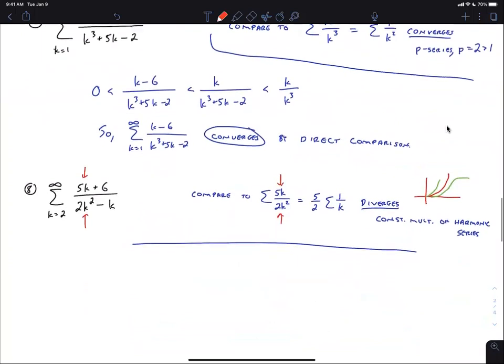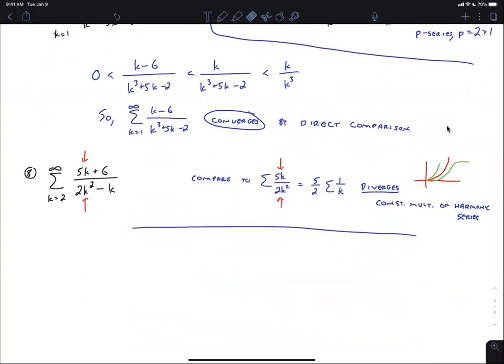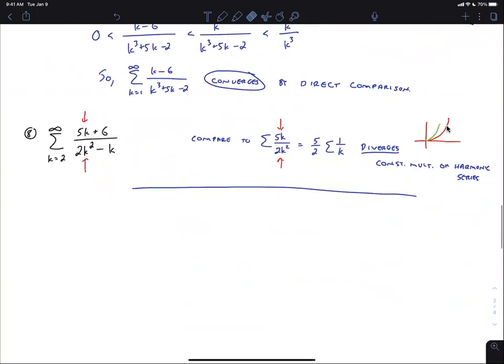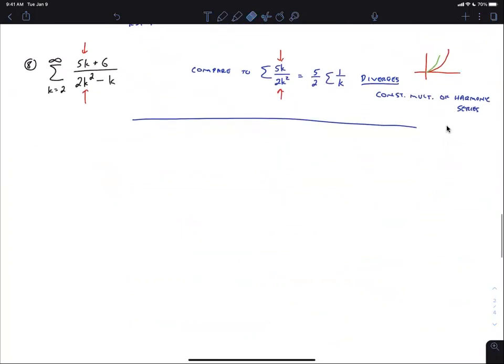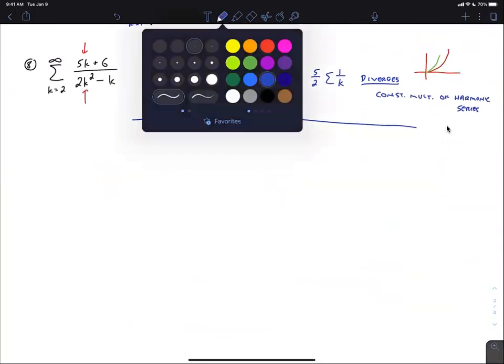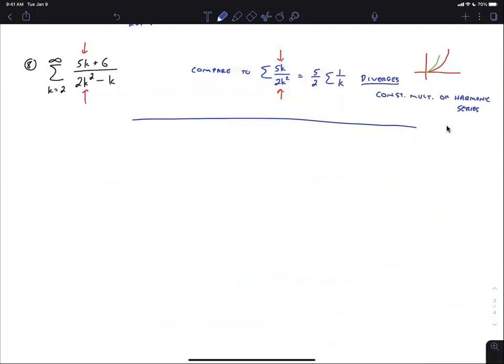Okay. All right. And so we want it to be bigger. It is bigger. What that means is that we can use the direct comparison test. So I'm going to prove that this is bigger. So we've said it out loud. I'm going to say this is bigger than 5k over 2k squared minus k.